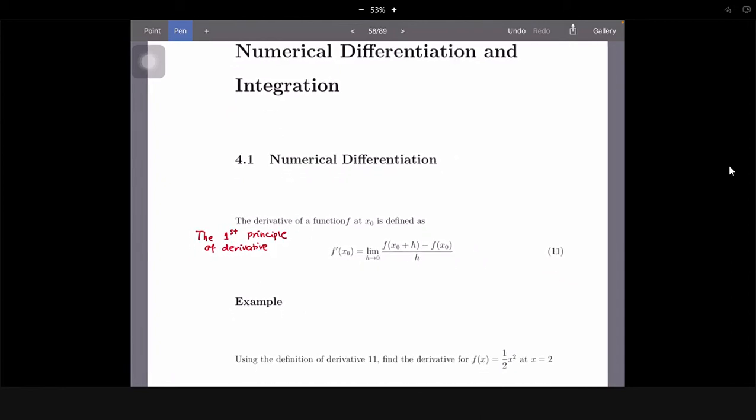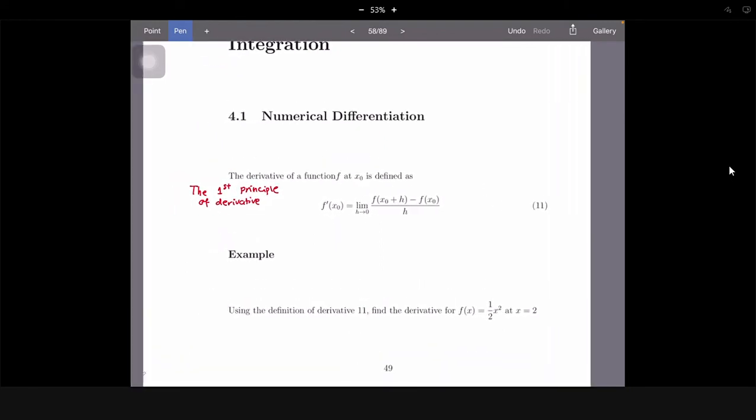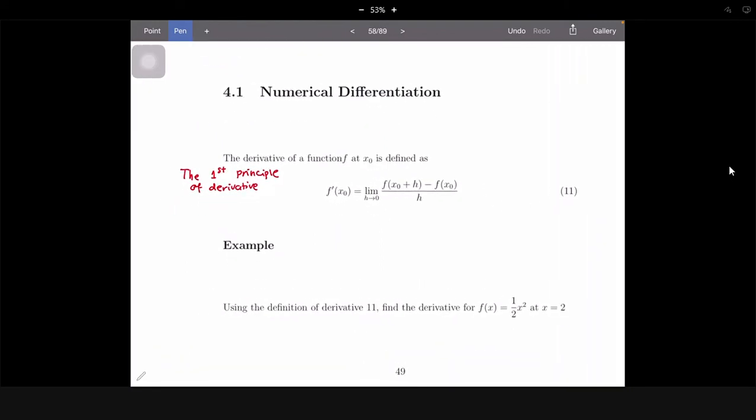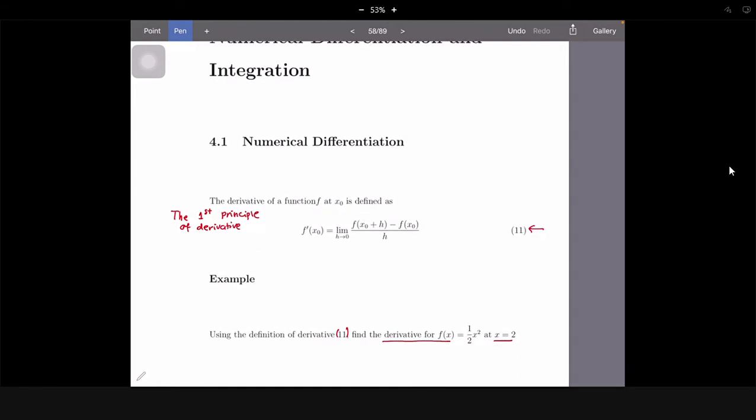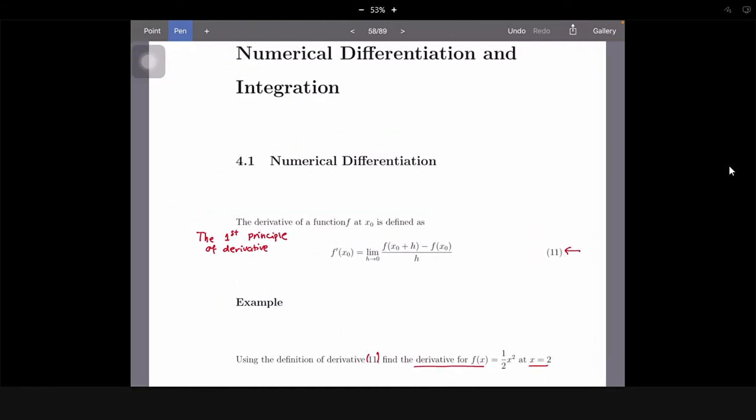For example here, using the definition of derivative, find the derivative of f(x) at x is equal to 2. So saya tulis kat sini lah.